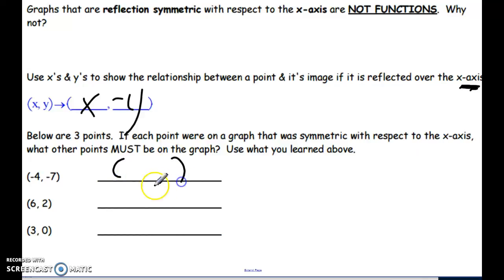And so I'll do one of these with you, and I'm going to trust that if we do one together, you can do the other ones on your own. So if you're reflecting about the x-axis, the x-coordinate stays the same, and as we stated above, it's the y value that we have to take the opposite of. So follow that as you do those next two ordered pairs, and meet me on the next page when you're finished.